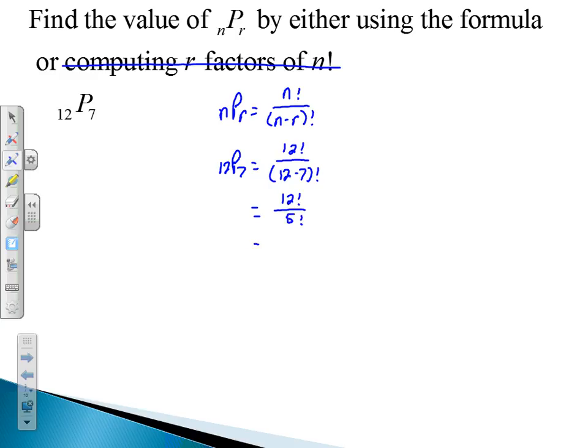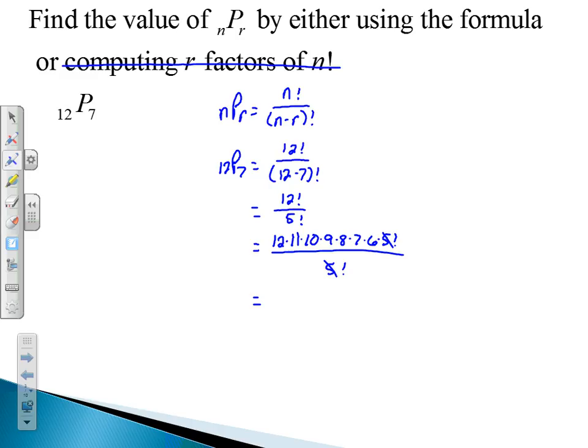And expanding everything out in the numerator gives me 12 times 11 times 10 times 9 times 8, 7, 6, and when I get to 5 factorial I can stop because I have 5 factorial in the denominator also. And anything divided by itself always simplifies to be 1. Even if we continue expanding all of that out to 5, 4, 3, 2, 1 in the top and the bottom, because everything is multiplied, it all simplifies to just be 1.